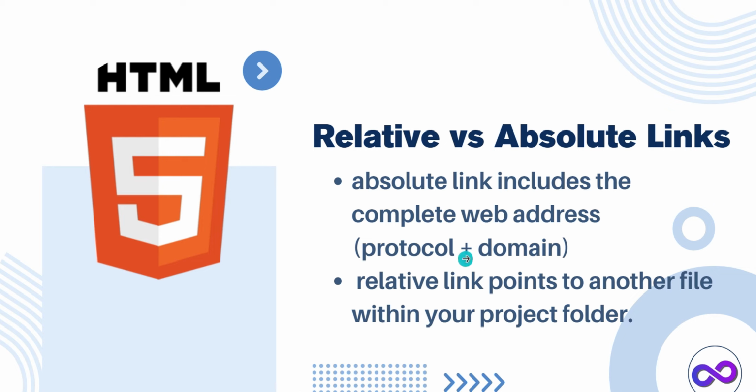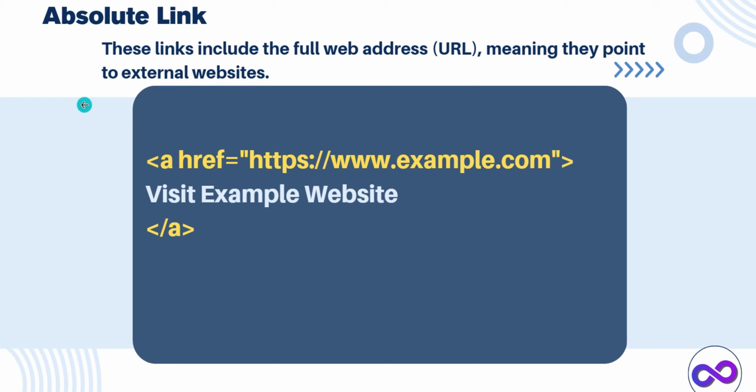Now, let's continue with relative versus absolute links. Let's explore the two main types of links used in web development. When we talk about absolute links, these links include the full web address, URL, meaning they point to external websites. So for example, you have here a href https://www.example.com.